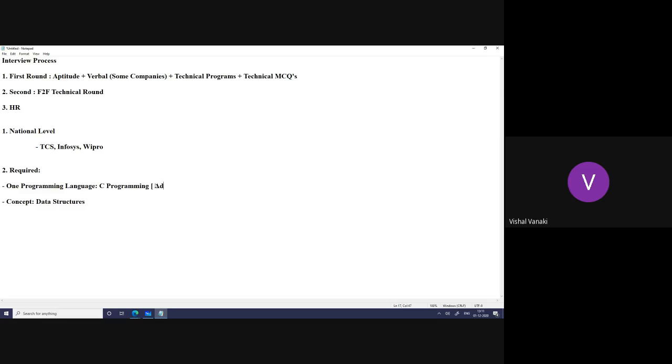Someone mentioned advanced concepts, but there is nothing like basic or advanced concepts; the concepts are the same. Advanced here means implementation. A different approach or kind of implementation is required to crack the interviews.